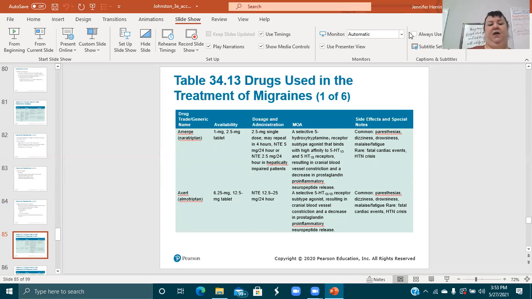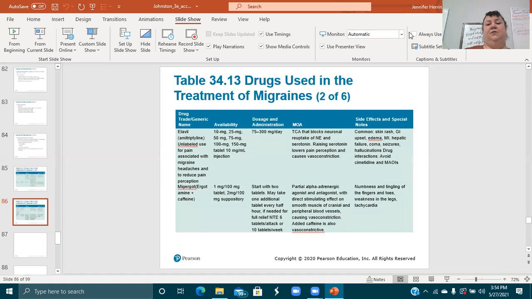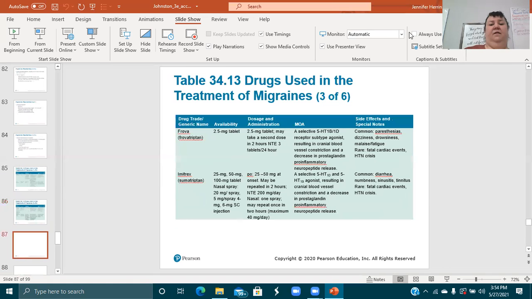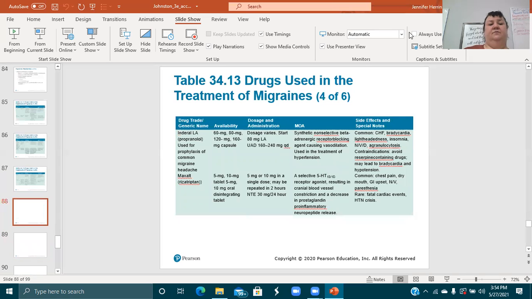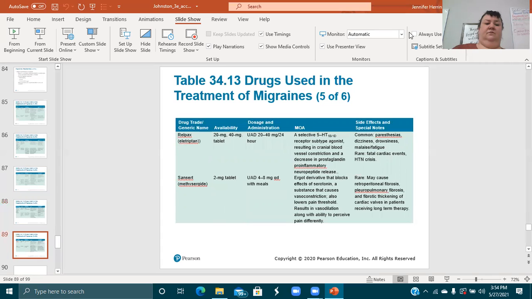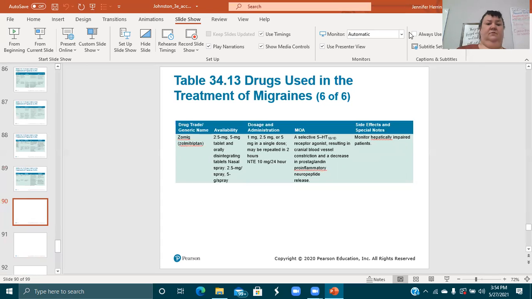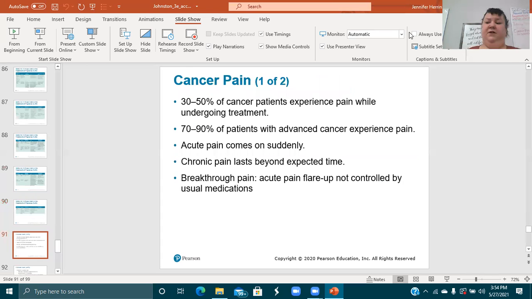And yet again, please go through this table at your own pace. As you can see, it's a pretty good sized table.